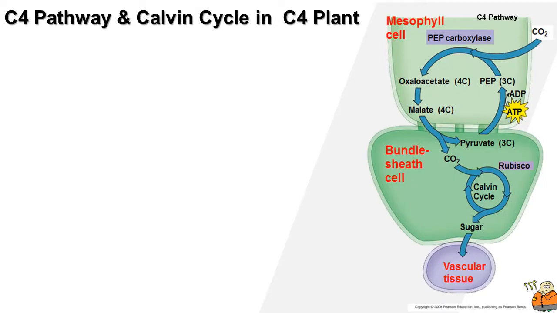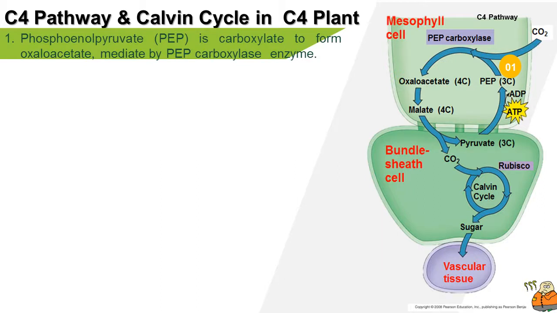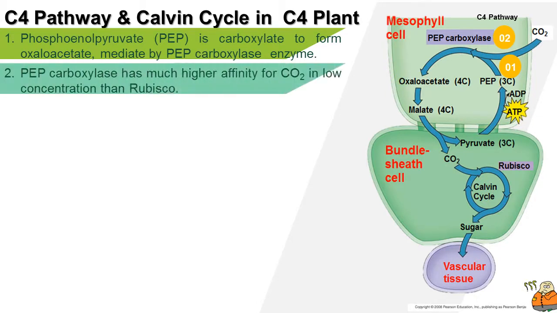Let's recall the C4 pathway in the C4 plant until it produces the sugar. See the numbered steps in the figure. Number 1, phosphoenolpyruvate, or PEP, which contains 3 carbon atoms, is carboxylated to form oxaloacetate. Oxaloacetate contains 4 carbon atoms, and this reaction is mediated by the PEP carboxylase enzyme.